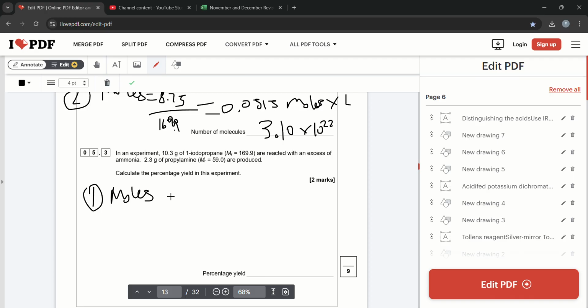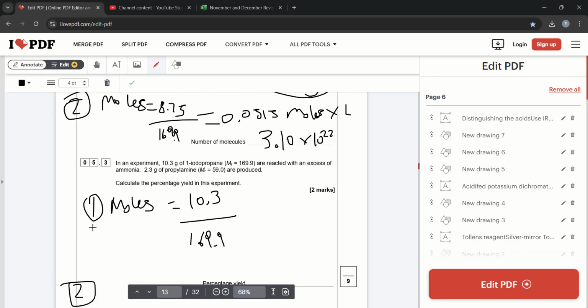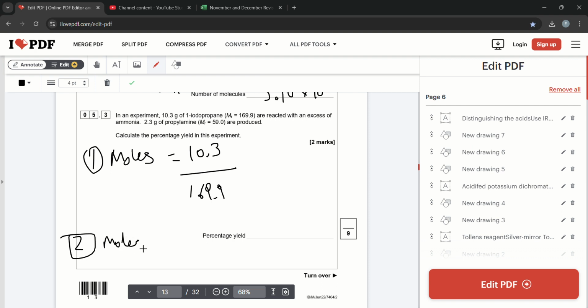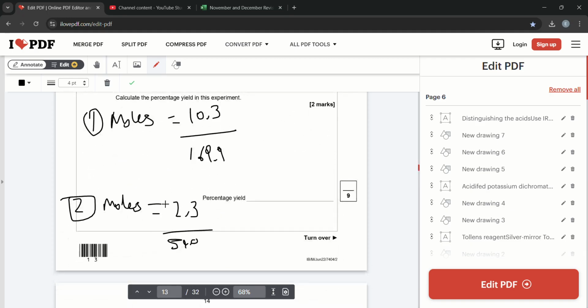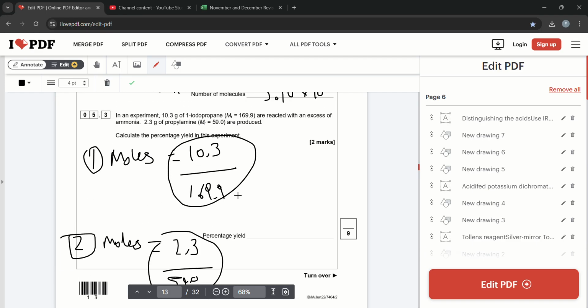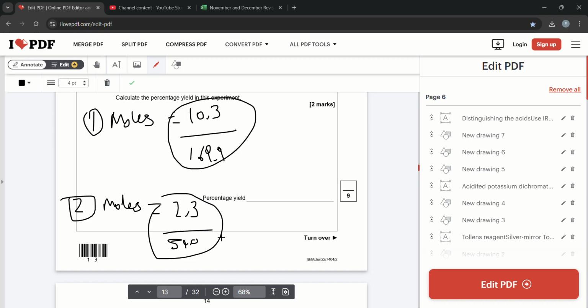So moles of this is going to be 10.3, mass over Mr. Then we need to find the moles of propylamine, which is 2.3 divided by 59.0, and therefore the percentage yield is this divided by the theoretical yield, times 100. 2.3 divided by 59.0 will give me 0.0390, and this will give me 0.0606.